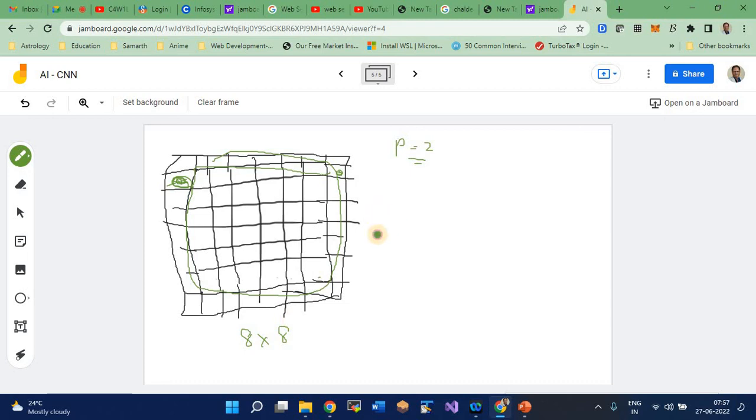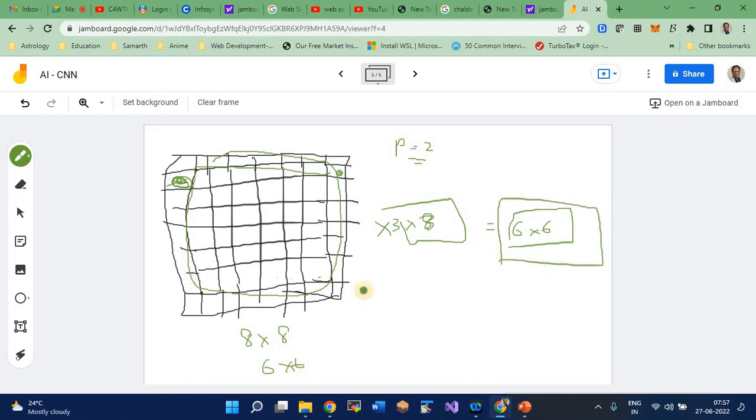Now if I apply a 3 by 3 filter on top of that, I'll get 6 by 6. That means the original image that started off with 6 by 6, if I pad with 2 more pixels, I will keep the original size. What does it mean now? And how much am I striding still?